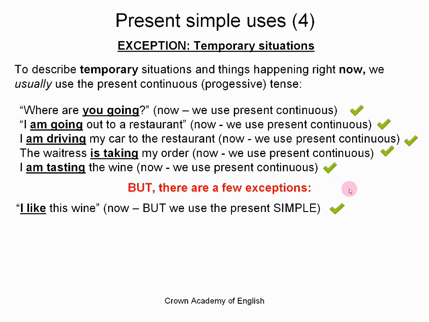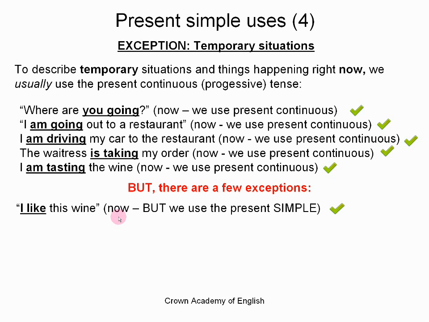So, for example, we've just tasted the wine, and if we wanted to say we like the wine, we say, I like this wine, okay, which is the present simple. But we're saying, I like it now. This is temporary, I might not like it tomorrow. I might not like another wine, but this particular wine, I like it.